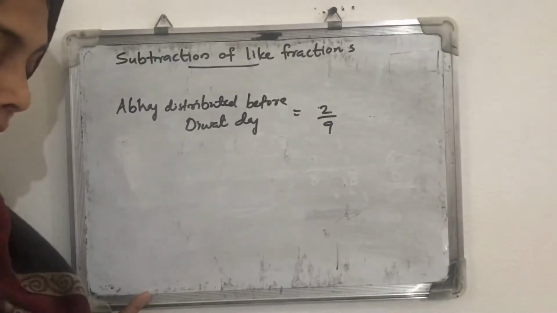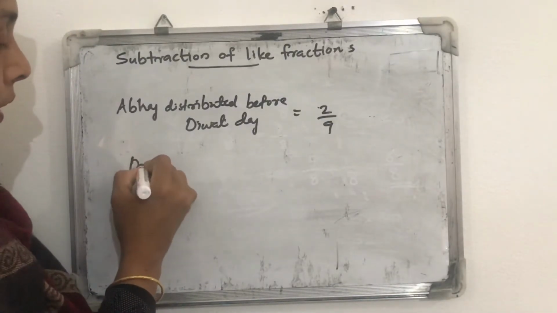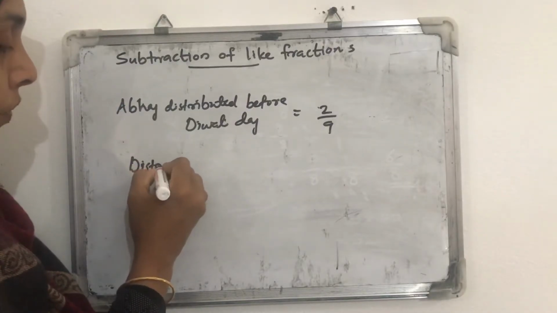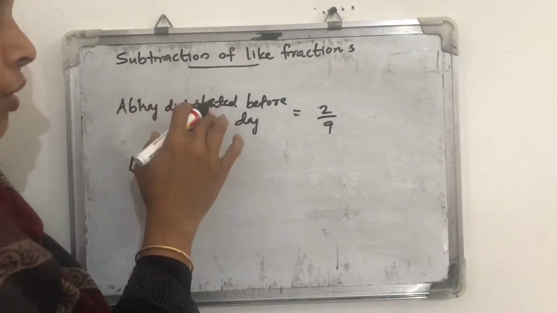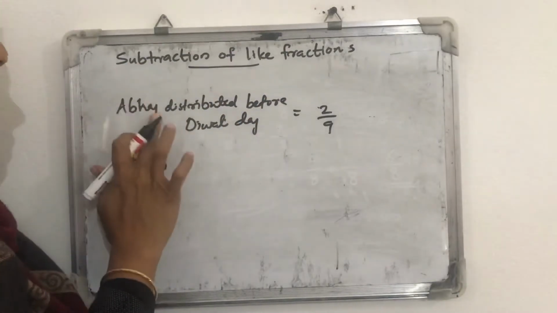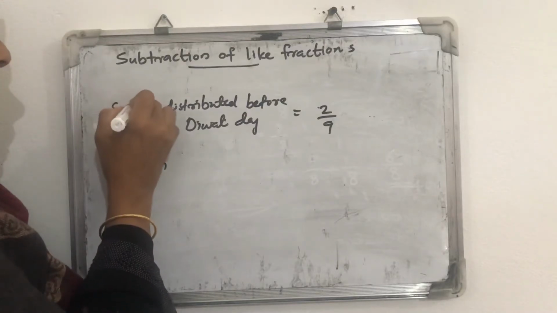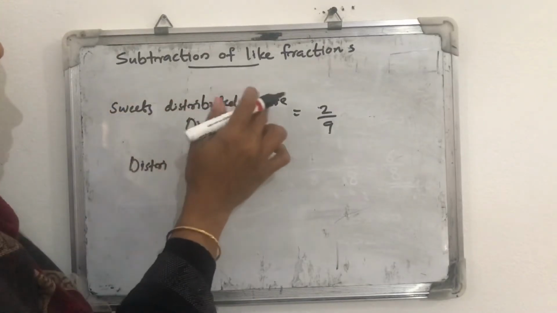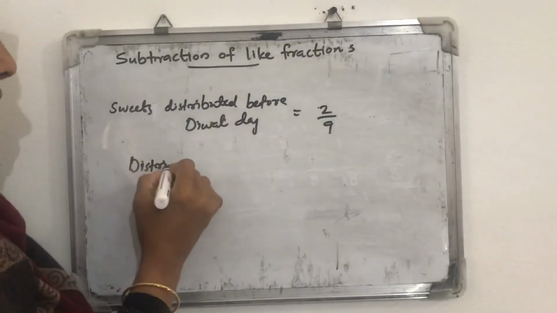Next, how can we write? He distributed on the Diwali day. Distributed part of the sweets. This way you can also write it: part of the sweets distributed before Diwali day. That is better. Instead of Abhay we can write sweets distributed. Sweets distributed before Diwali day, 2/9 part.